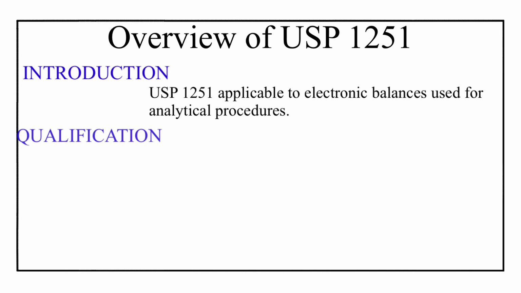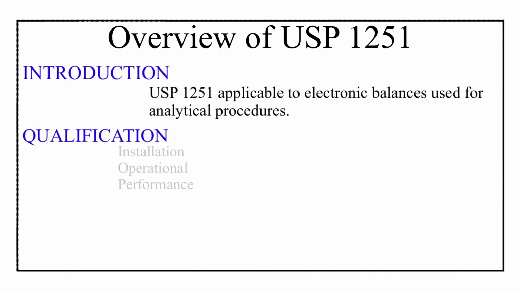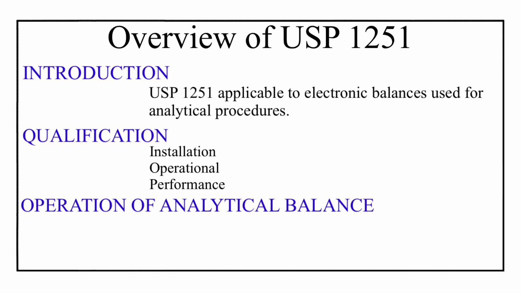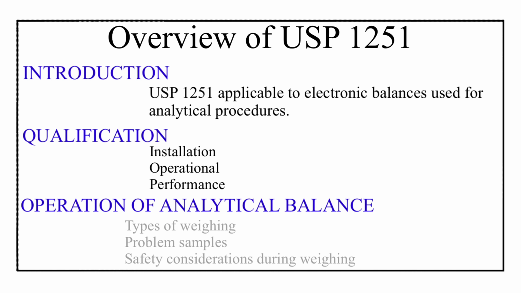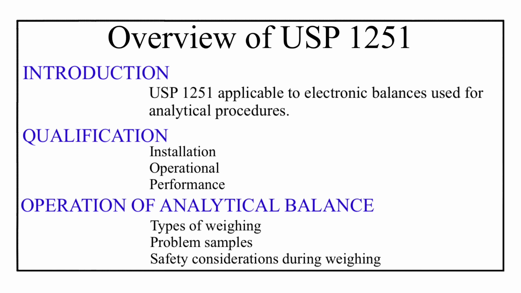Under qualification, 3 topics are covered: installation qualification, operational qualification, and performance qualification. And under operation of an analytical balance, 3 major things are covered: types of weighing, problem samples, and safety consideration during the weighing. In today's video, we will mainly focus on performance qualification. Remaining all topics you can read yourself, as these are very easy to understand.